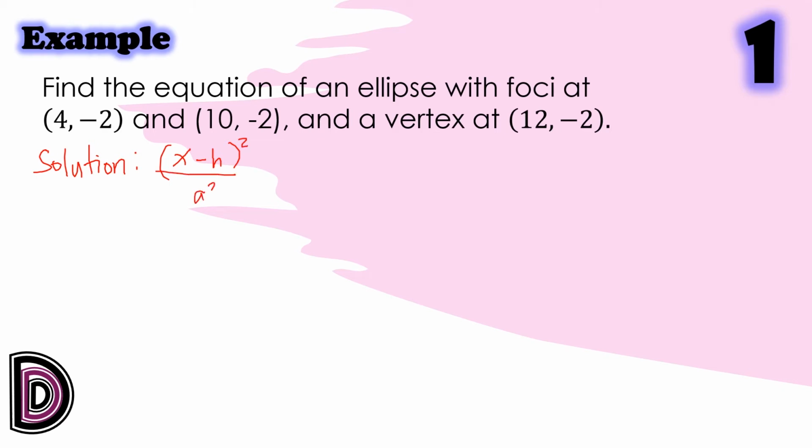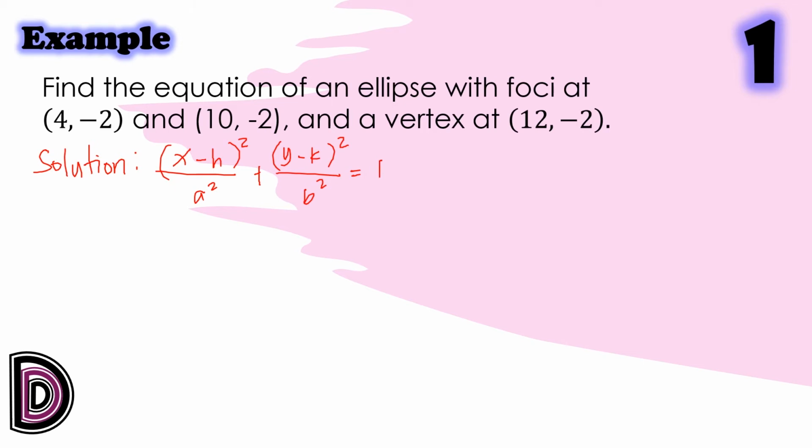over a² plus (y − k)² over b² is equal to 1. Hence, to get the equation of the ellipse, we need to get the coordinates of the center, the distance between the center and the vertex, that is a, and the distance between the center and a co-vertex, that is b.